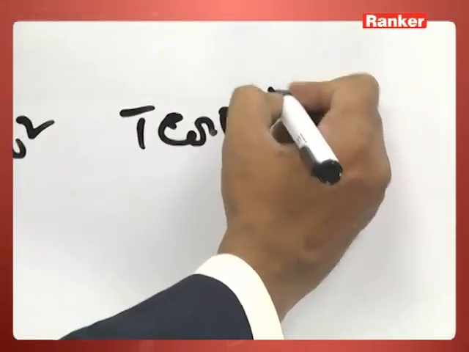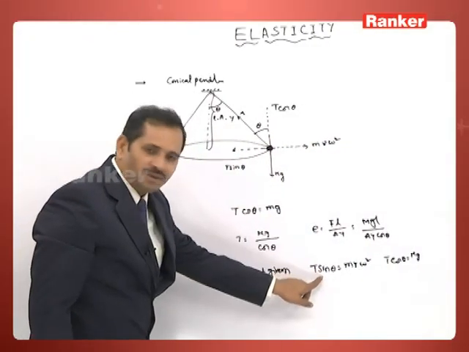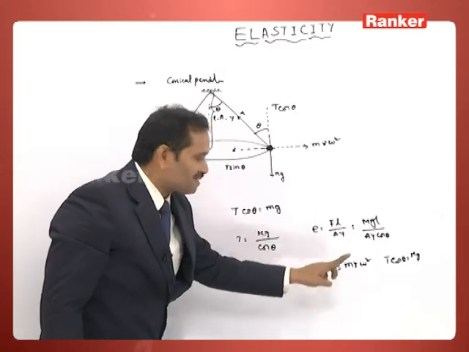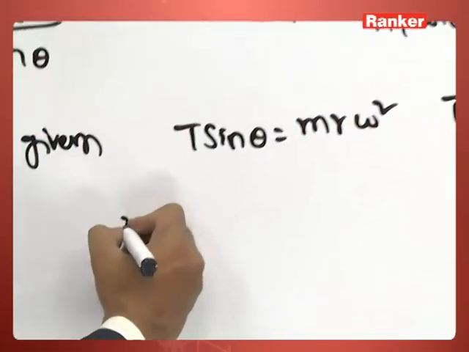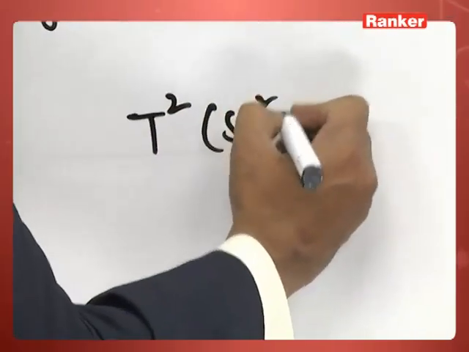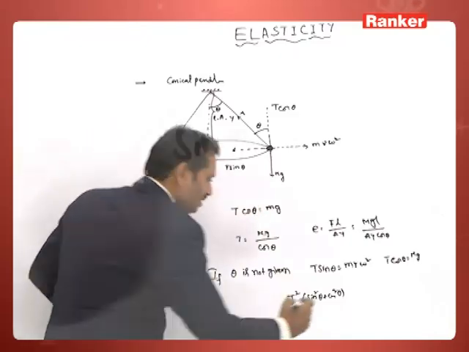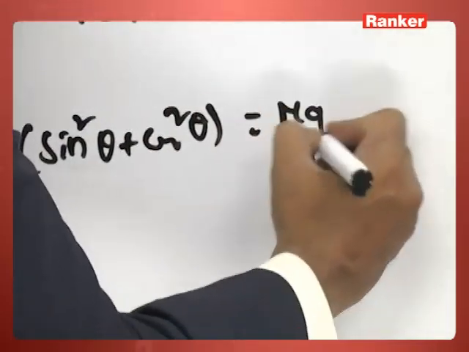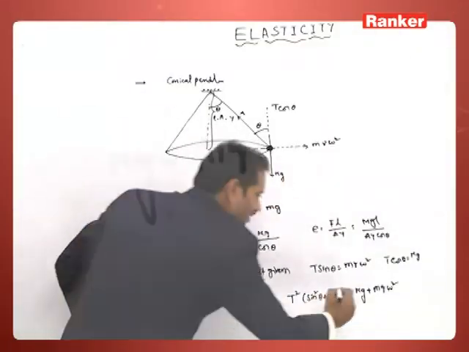You know from trigonometry, squaring and adding the terms, theta can be eliminated: T square sin square theta plus cos square theta equals mg whole square plus m r omega square whole square.